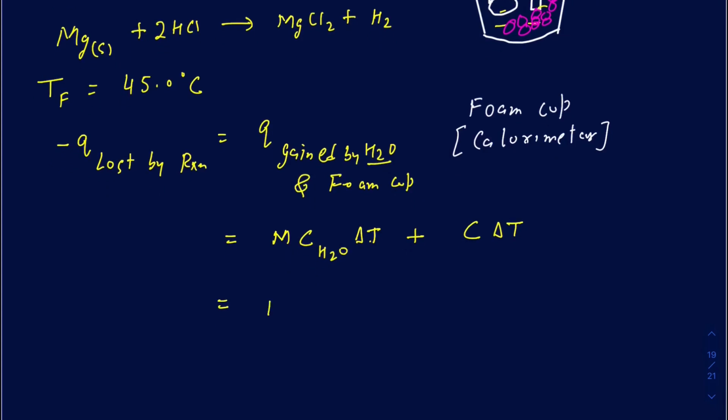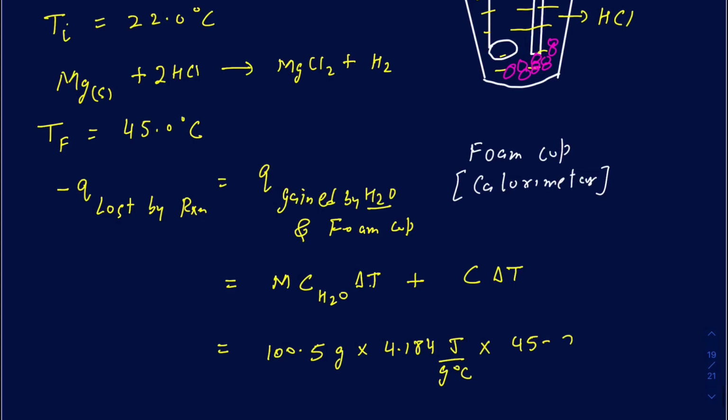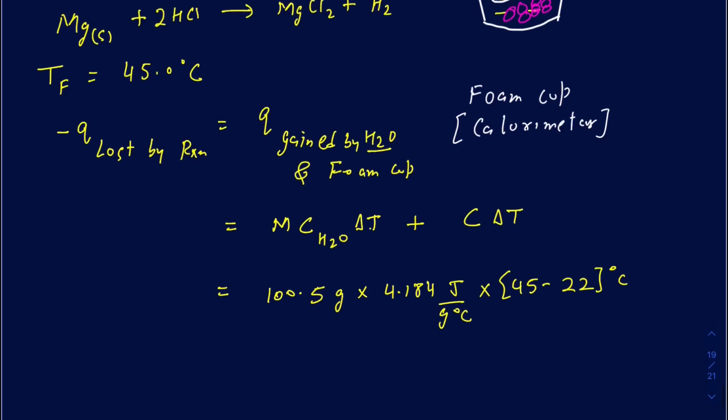So it's going to be 100.5 grams as your mass, times the specific heat capacity of water, which is 4.184 joules per gram degree Celsius, and then your change in temperature. Your final temperature was 45 minus your initial temperature of 22 degrees Celsius. Okay, so that's your MC delta T.